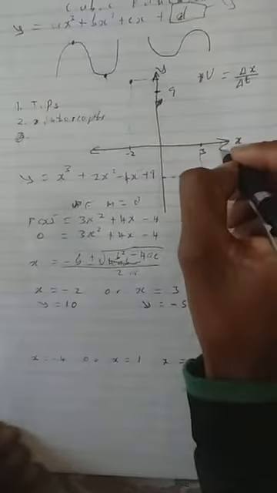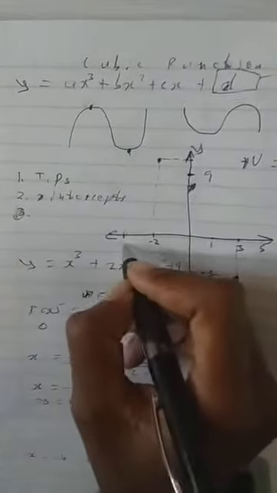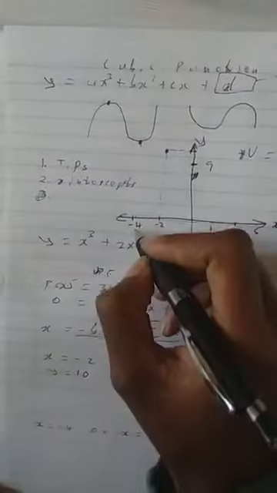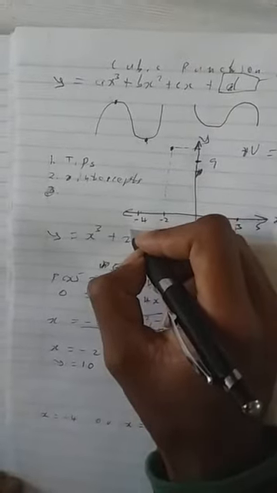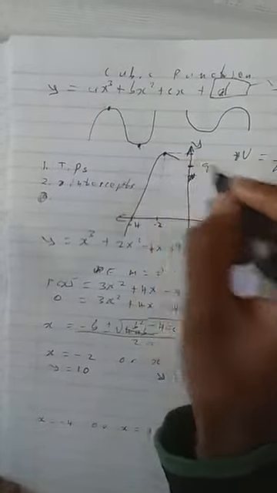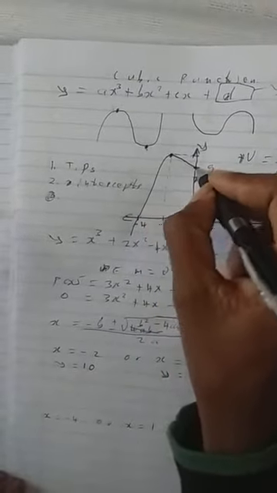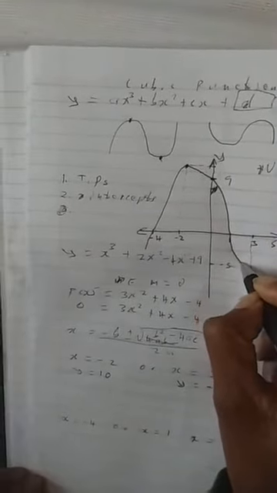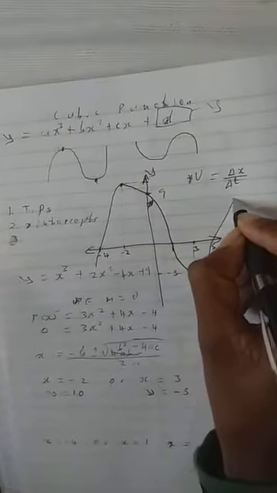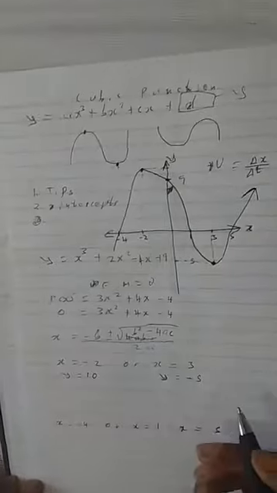Okay, let's say this is 5, this is 1, and this is -4. Okay. That means the graph will be like this. It's going to go down like this, turn here and go up. So that is our graph.